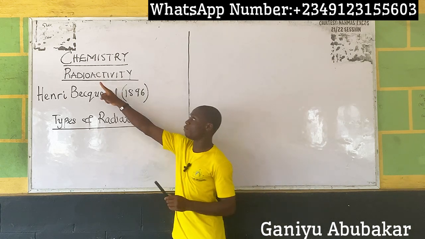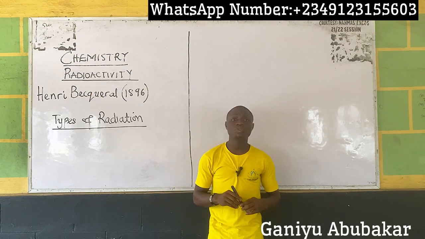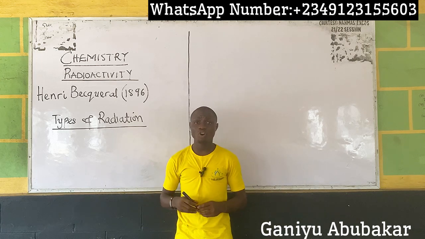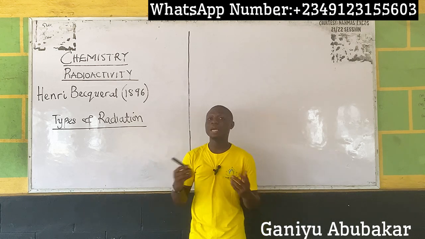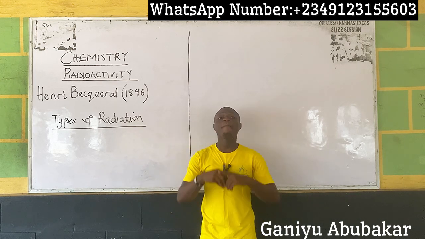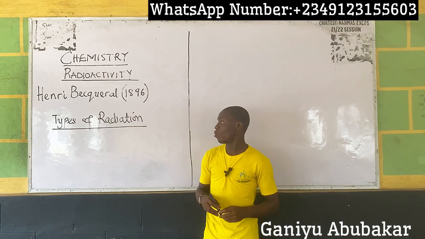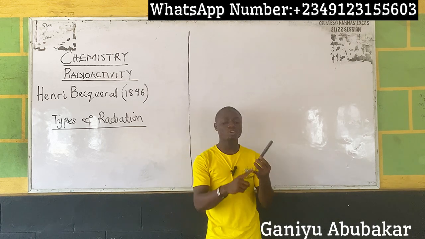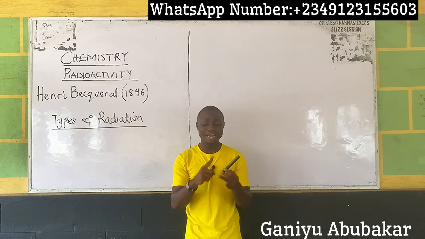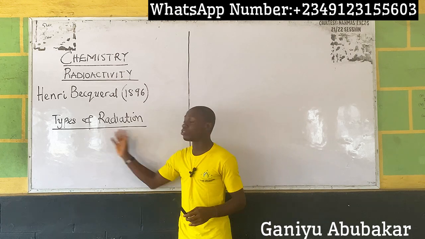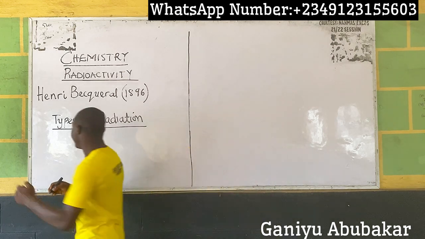From the definition I gave you for radioactivity, we said it is spontaneous decay or disintegration which emits alpha particle, beta particle, or gamma ray or gamma radiation. So those are referred to as types of radiation.